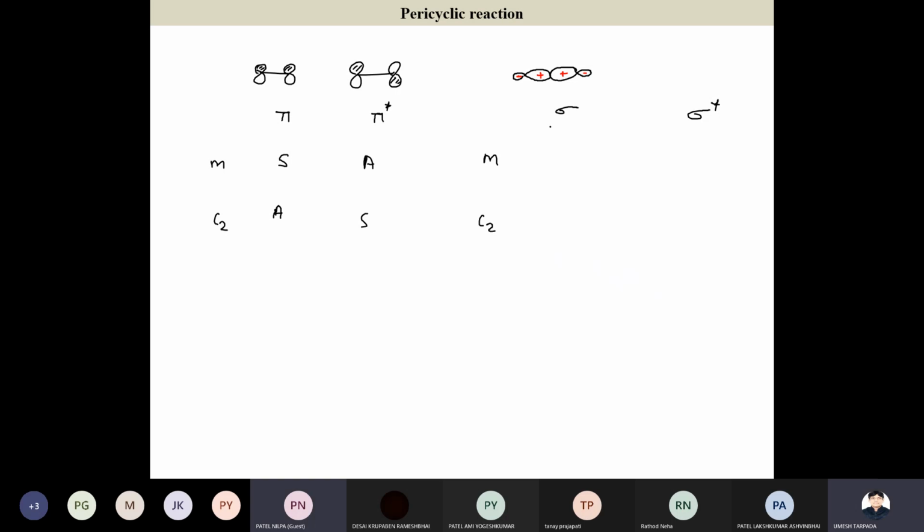What about mirror plane? Symmetric. Mirror plane symmetric and C2 axis?